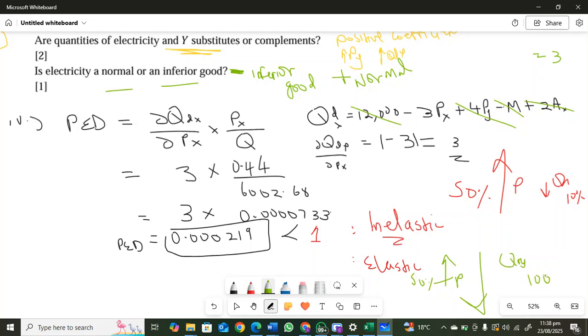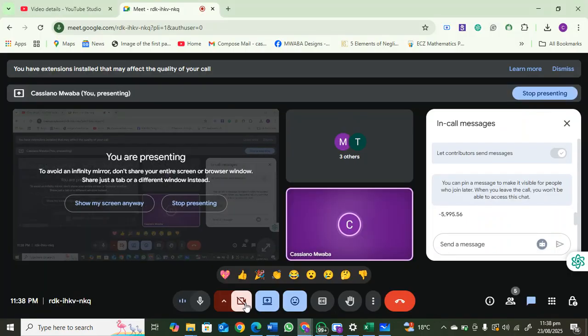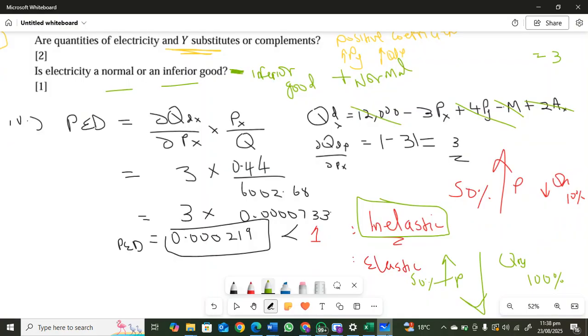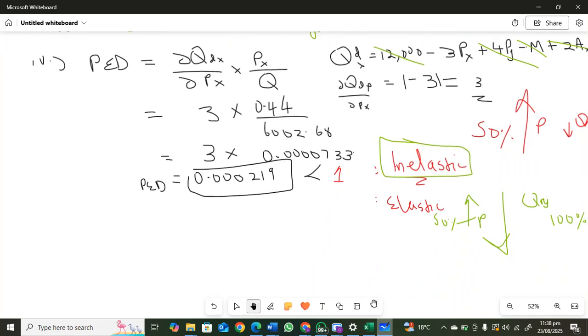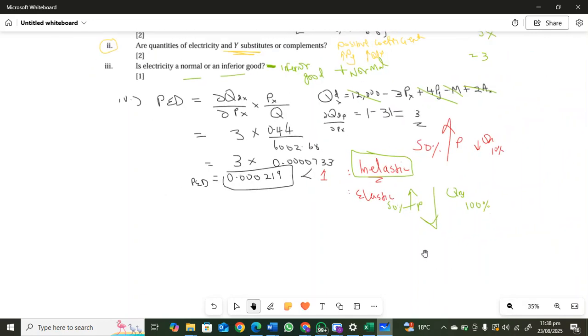So even a small change in price will have a big effect on demand. But when demand is inelastic, even a big change in price will have a small effect on demand. Are we clear with that, colleagues? Because price elasticities are coming. One way or another, they will come. So you must know how to interpret and what the meaning of each is.